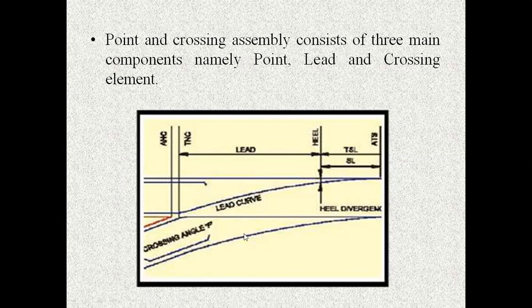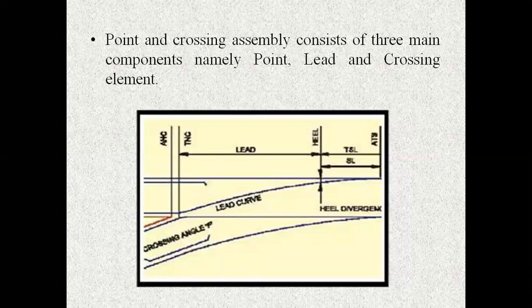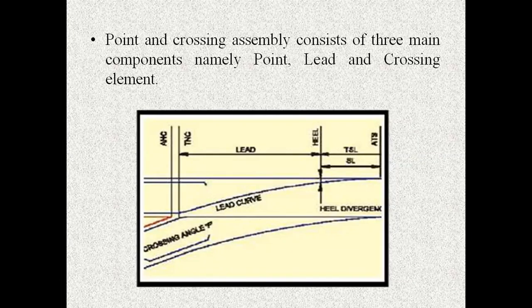This is the crossing angle, where the switches, the points, can be placed to turn out the moving rolling stock or train from one major course to another route. So this is the main branch line. This is the main line, and these are the check rails provided for the main line, and these are the check rails provided for the branch line.